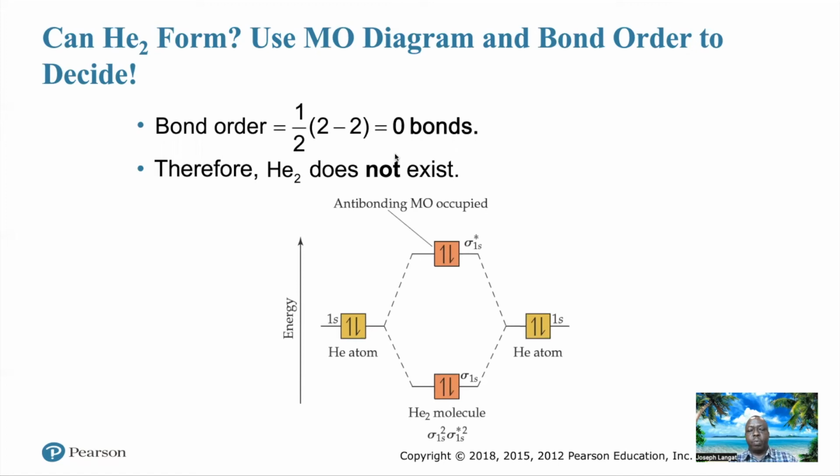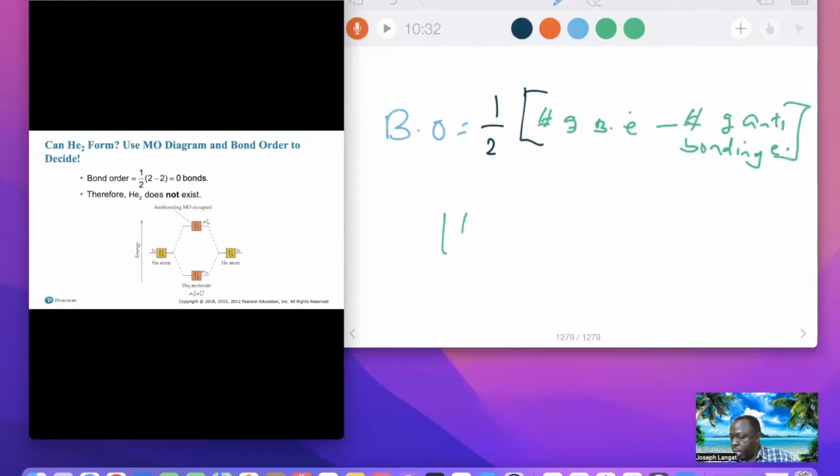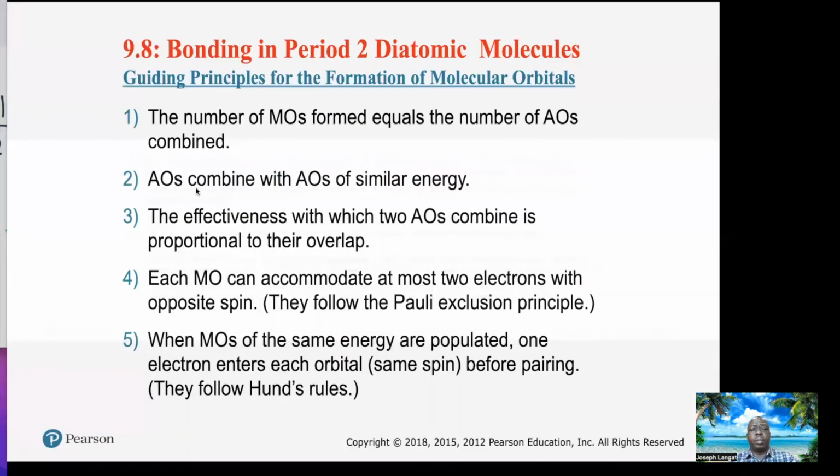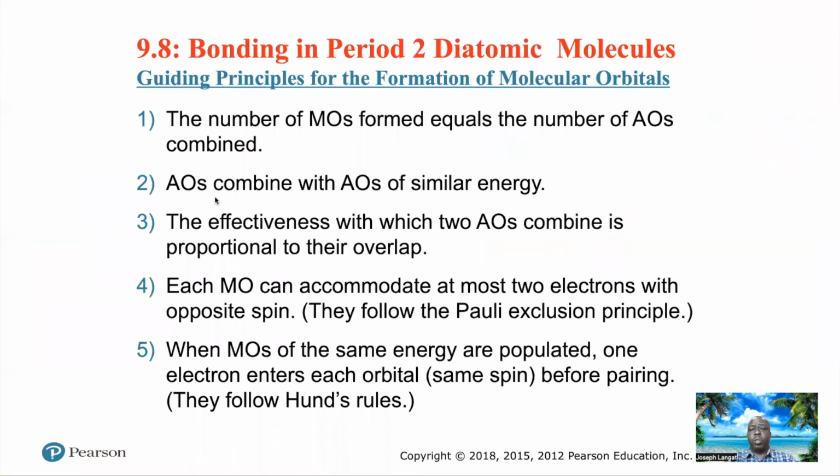We don't have anything, which means there is no bond between helium and helium. You will never see something like helium bonded to helium. It's not going to react. That's how to use molecular orbitals to determine the bond order in a molecule.